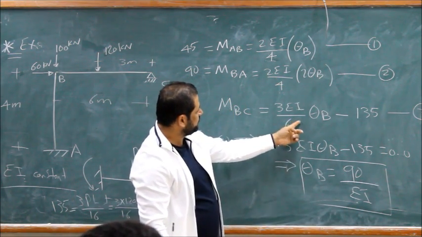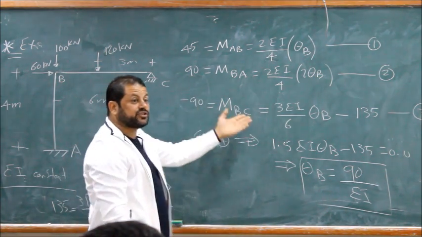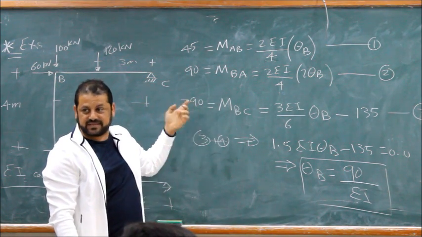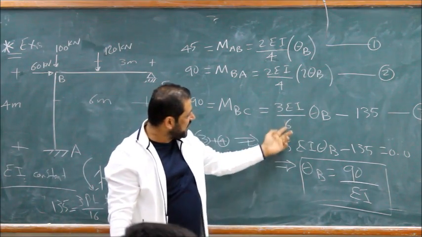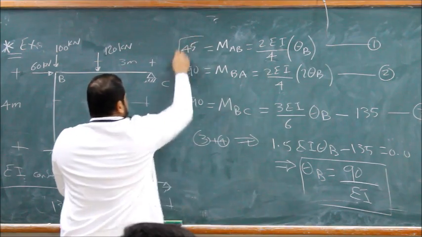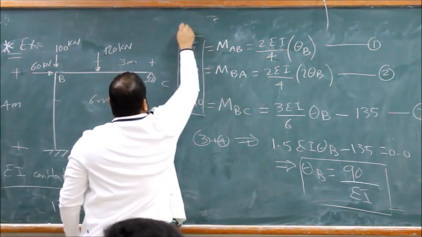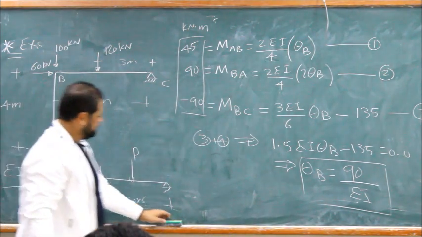This one should be minus 90. This is your checkpoint. If these are wrong, this is what we'll check. We'll discover the mistake. Just check it. So half is 45, another 45, so it's minus 90, kilonewton meter. Good.